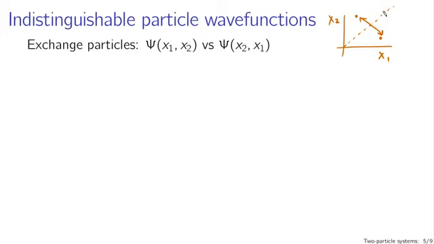We don't need just that the wave function itself doesn't change if I exchange x1 and x2. What we need is for the observables not to change, and furthermore, we need the observables not to change at all if we swap the particles back to where they were originally. So if we want the exchange of particles to not matter, let's define an exchange operator, p hat.